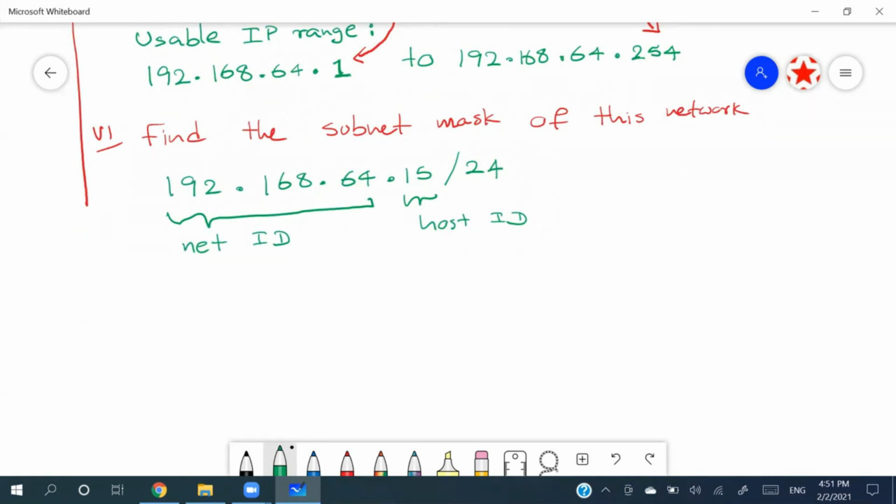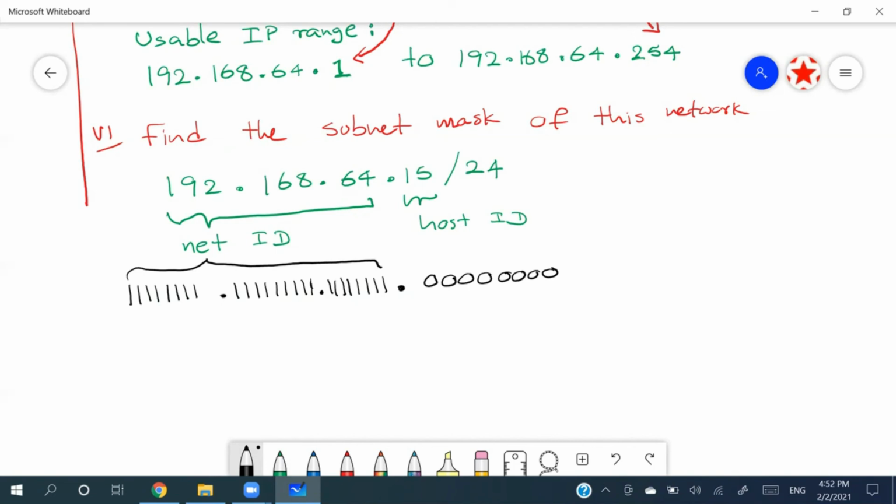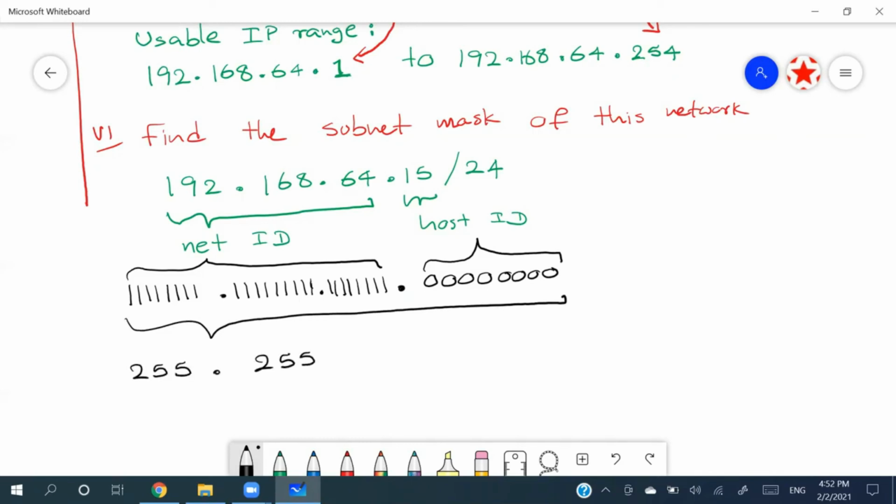So setting the net ID into all ones means all 8 bits of the first octet must be ones, and in the next octet too, all 8 must be ones, because the net ID bits all have to be ones. And the host ID bits represent zeros. Which gives us 255.255.255.0.